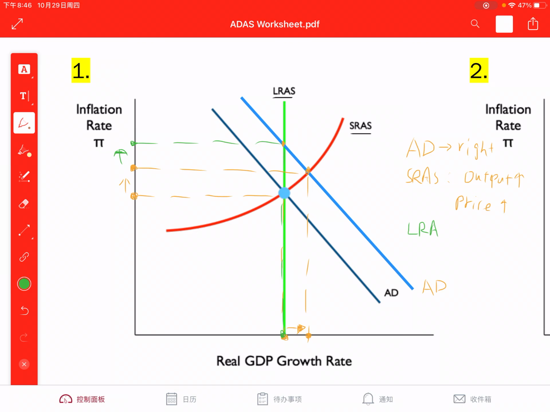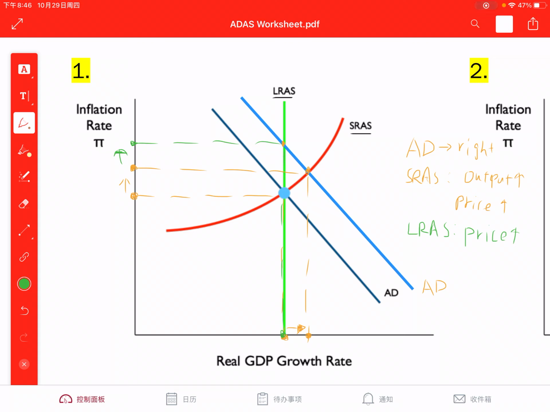This tells us that in the long term, the output will stay the same, but the price is going to be higher, because we could work harder, like making 120 pieces, in the short term, but in the long term it's too hard for us to keep doing that hard work every day. So they will finally just increase the price.